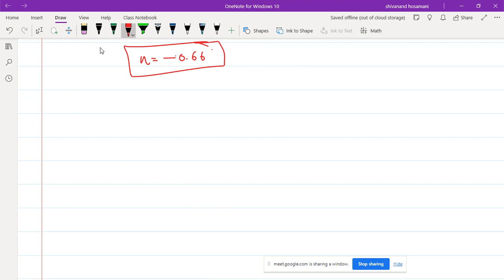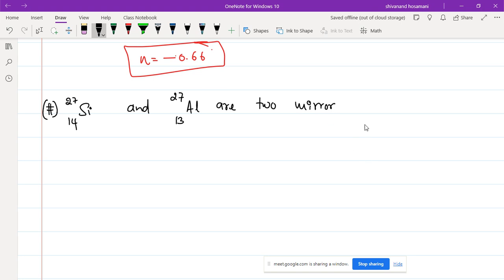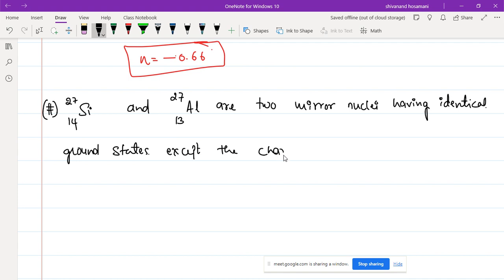Please see, the problem is like this. Silicon 27 with atomic number 14 and aluminium 27 with atomic number 13, with the same mass number 27, are two mirror nuclei having identical ground states except for the charges.